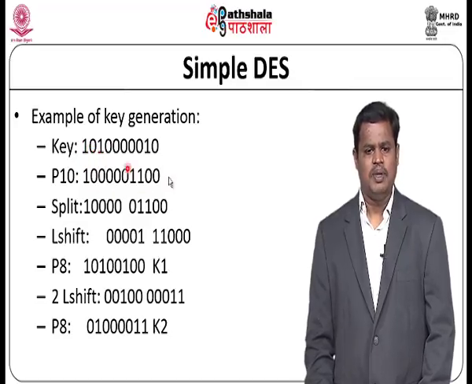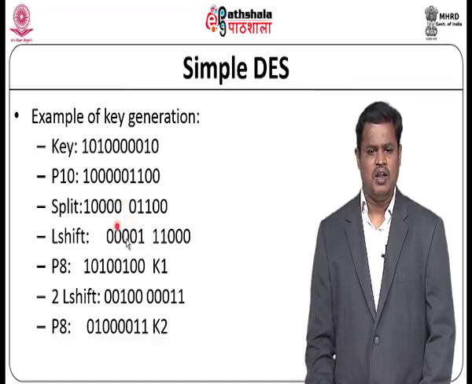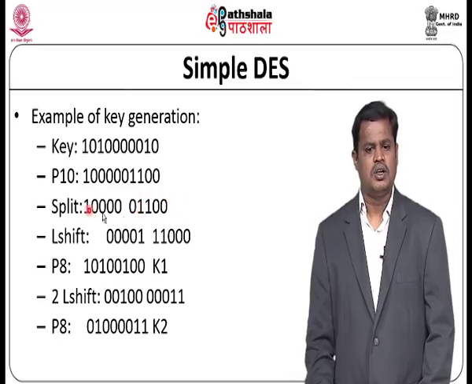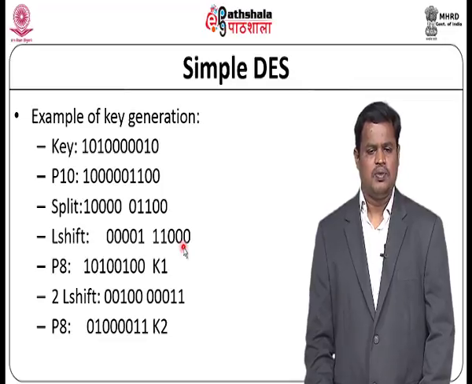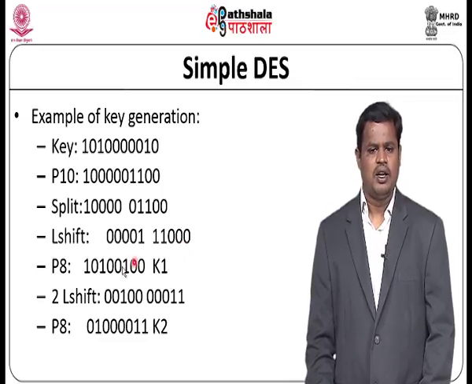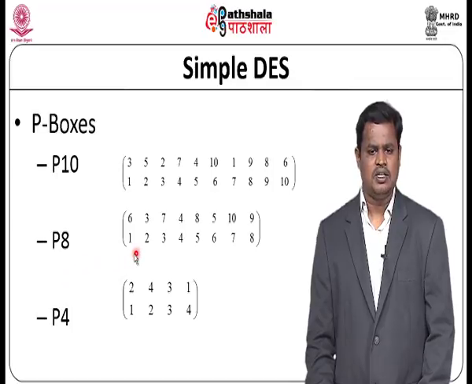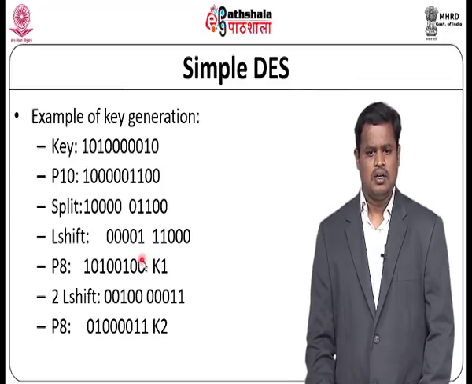Like that I will be swapping, then later I go for splitting them into 2 halves, then I go for shifting them left. So, 1 moves here, 0 comes this way, here 1 comes and 0 goes this way. This is the circular left shift, which rearranges the bits for the generation of key 1. From this I go for P8, which is a P box.